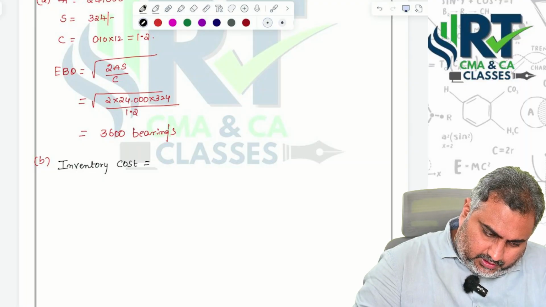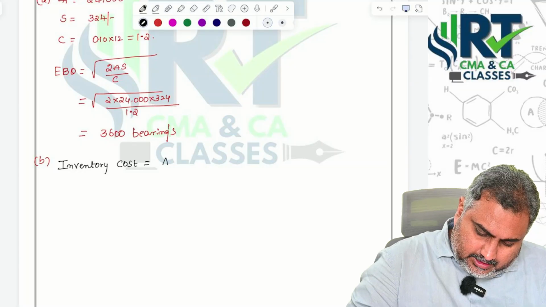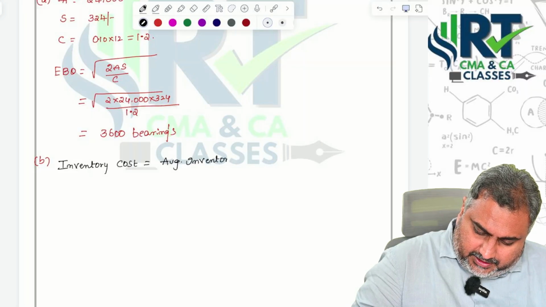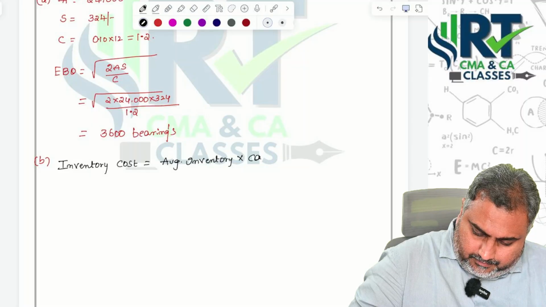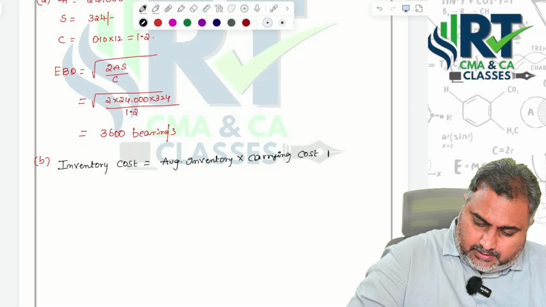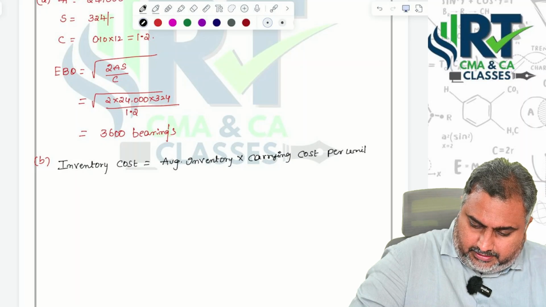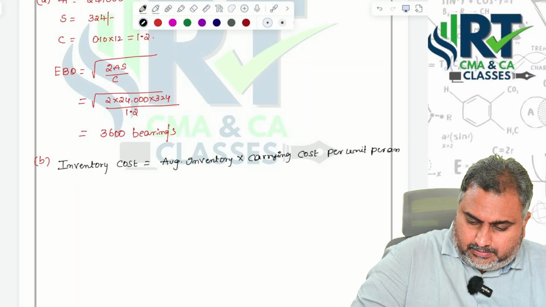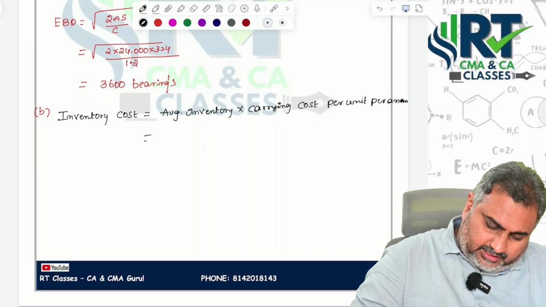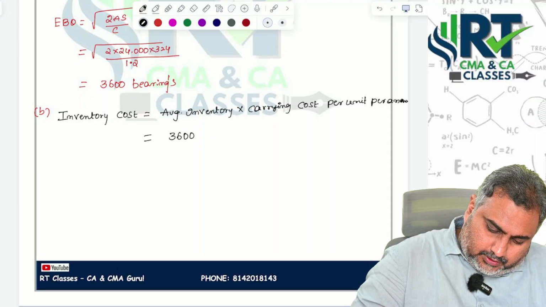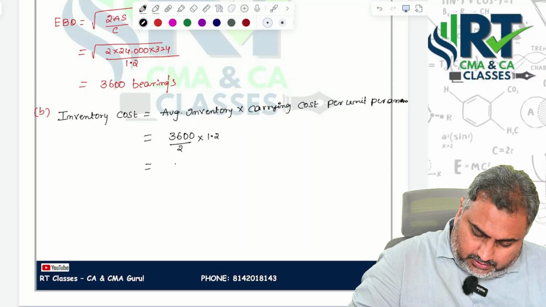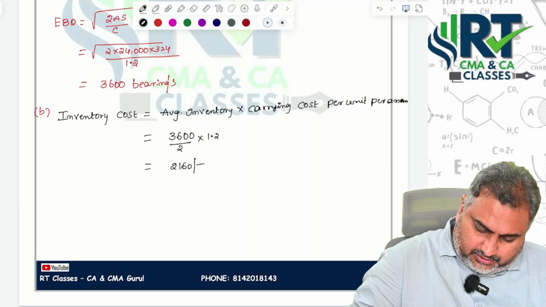Inventory cost equal to average inventory into carrying cost per unit per annum, that is equal to 3600 by 2 into 1.2, that is equal to 2160 rupees.